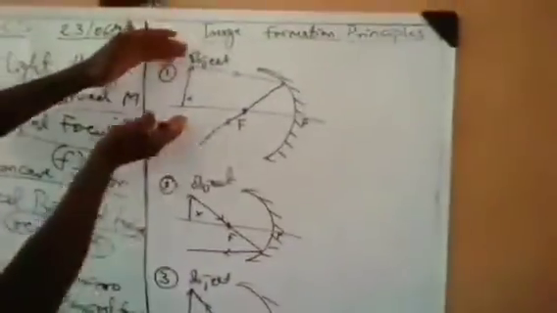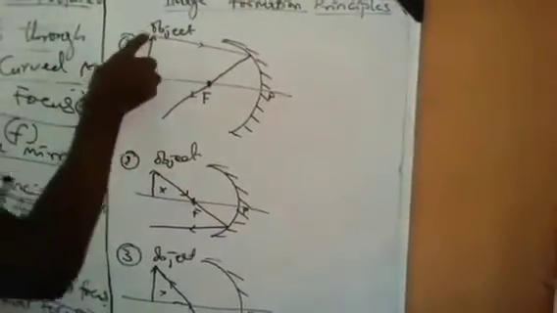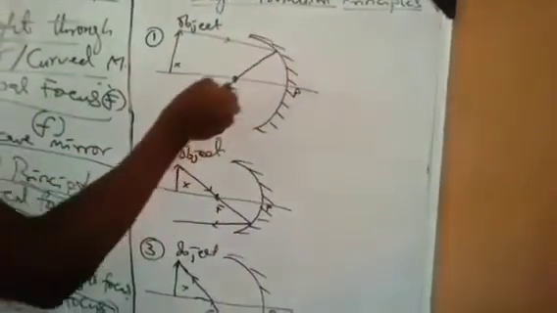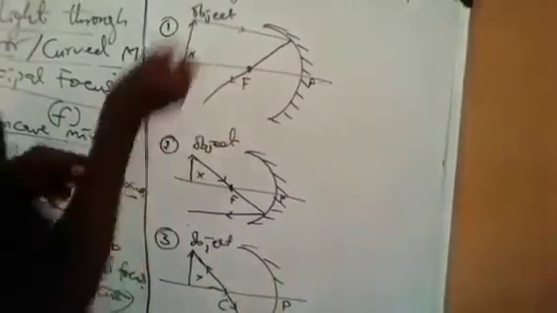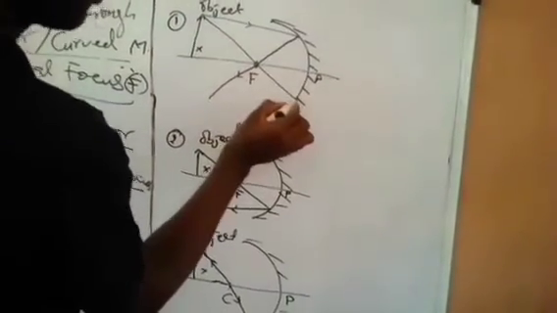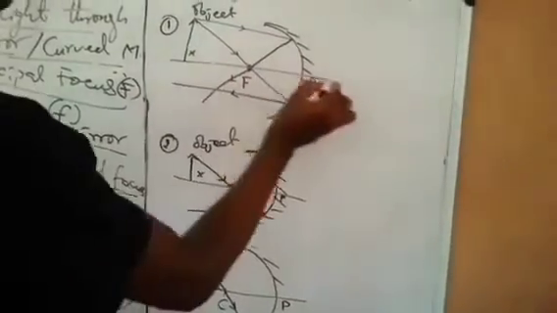So it is important for you to note that once an object is placed before the mirror, so many rays fall from different places. One, if the ray falls from the object parallel to the mirror, it will reflect through the principal focus. Then, the other rays that are moving through the principal focus to get to the mirror will reflect in a direction parallel to the principal axis.